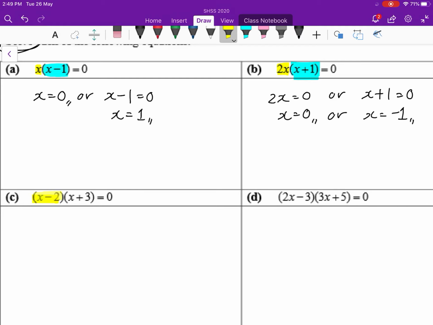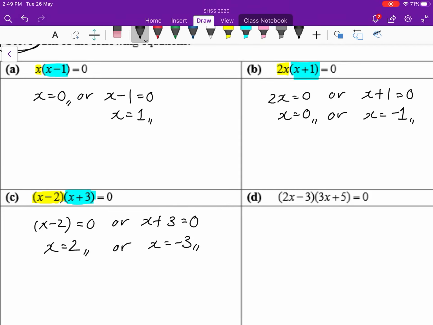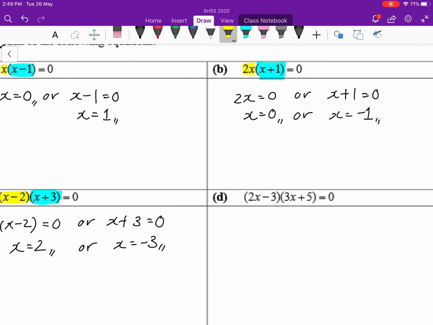Let's take a look at part C. Very, very simple as well. It's x minus 2 multiplied by x plus 3 equals to 0. Our concept: yellow equals to 0 or blue equals to 0. Plus 2 on both sides or minus 3 on both sides. I get minus 3. Done. Same for this.